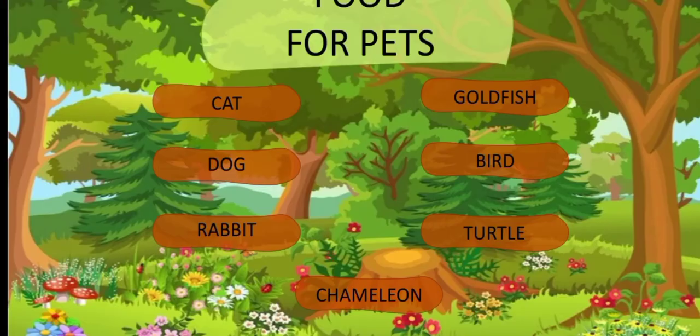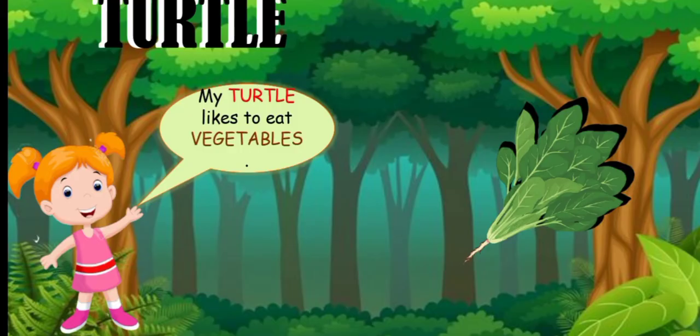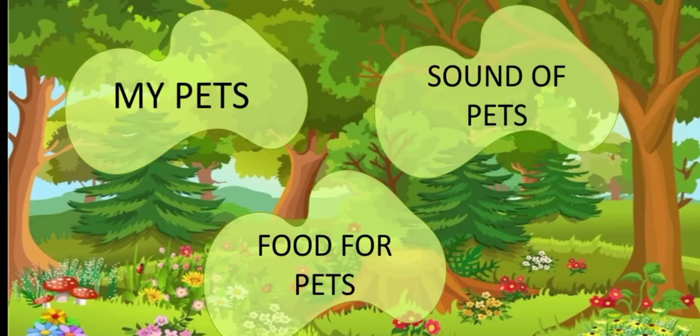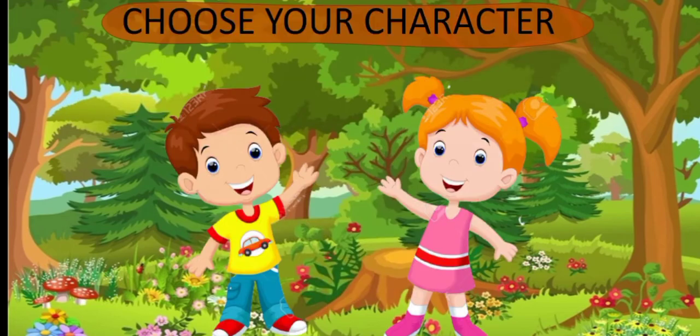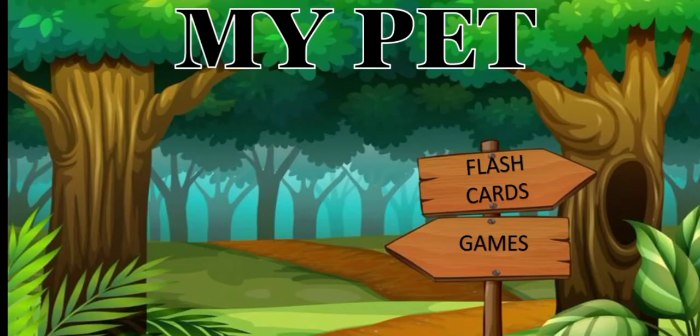If they want to choose another pet, maybe they can choose a turtle. My turtle likes to eat vegetables. Here are the vegetables. So we go to the second section, which is the game section.